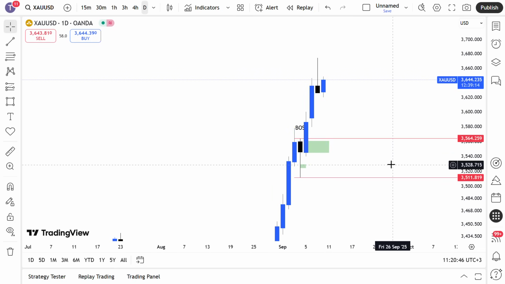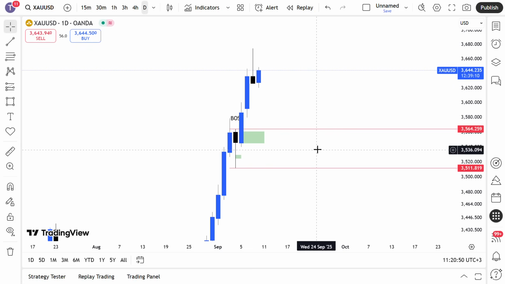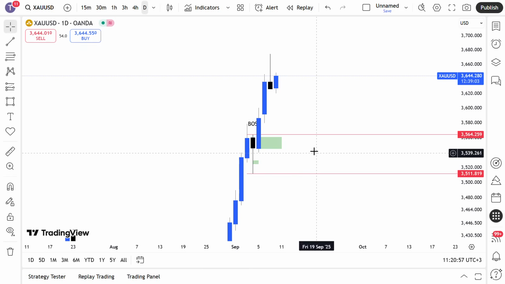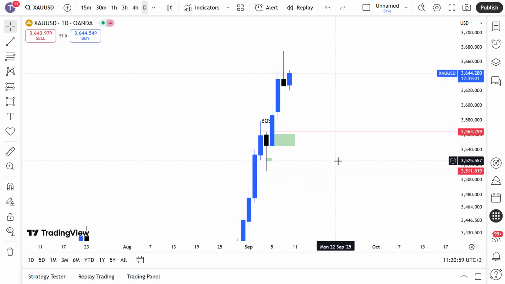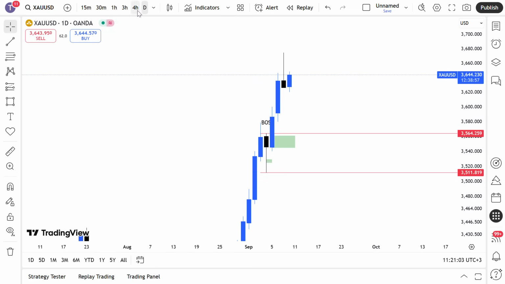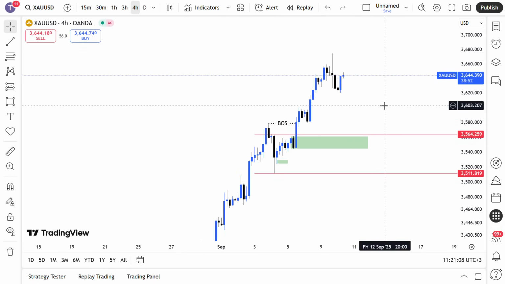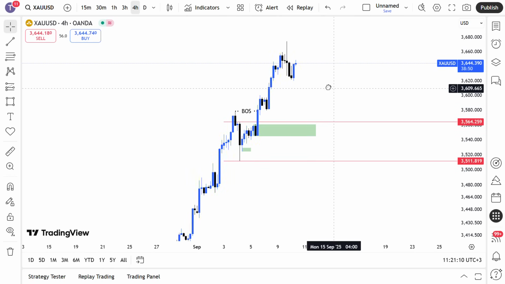And currently, I think that is what is going to happen. But we will see what gold will be doing, and we react with how the market reacts. So currently, I have an order block that has not been mitigated, and that is my point of interest where I expect gold to be pulling back into. So we will see what happens.